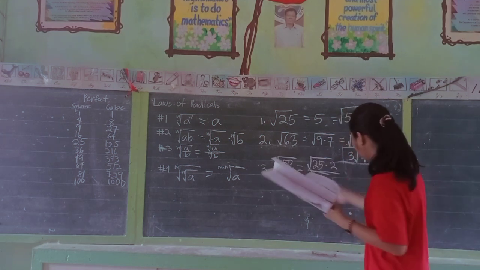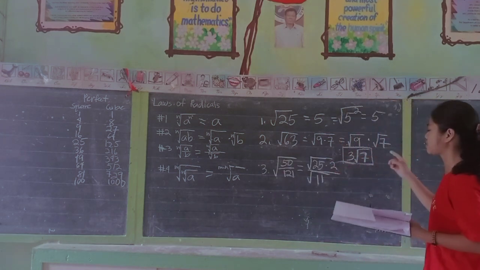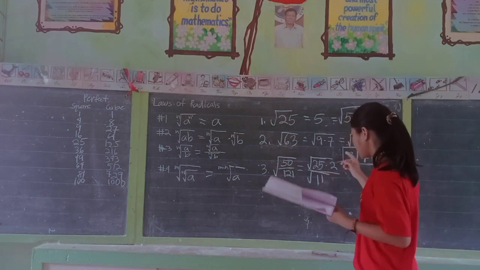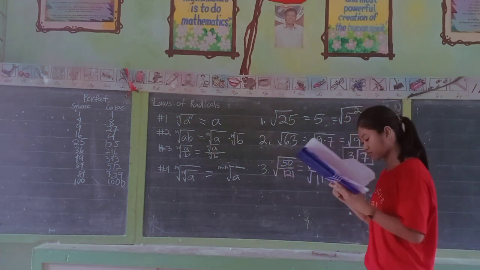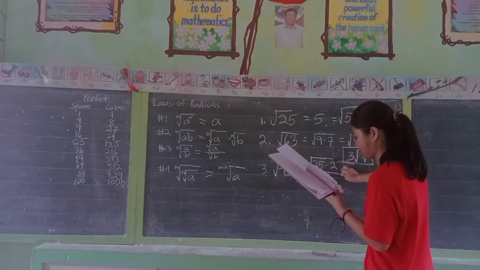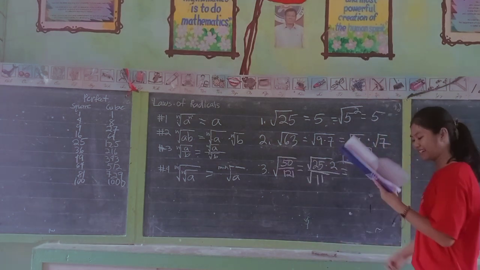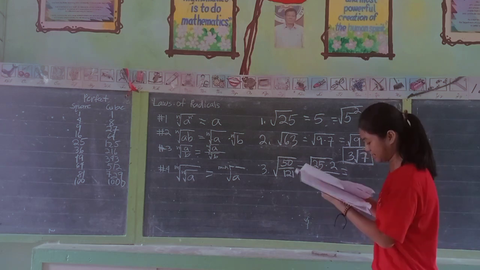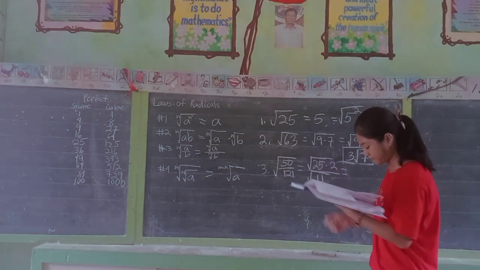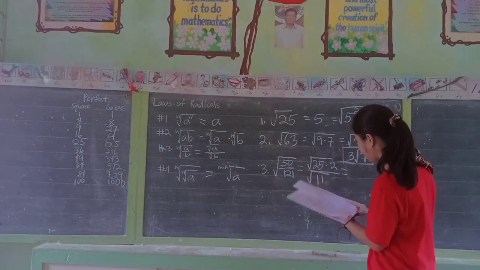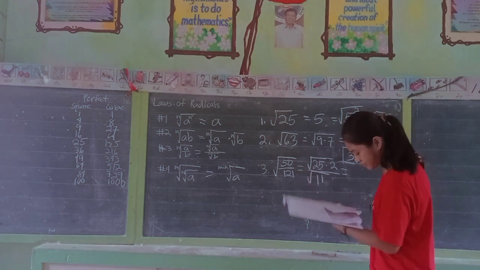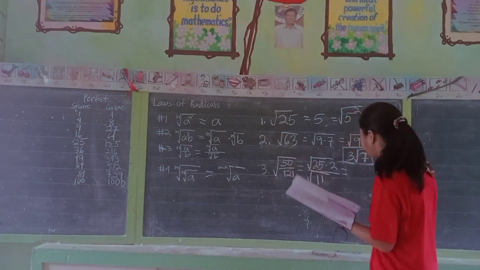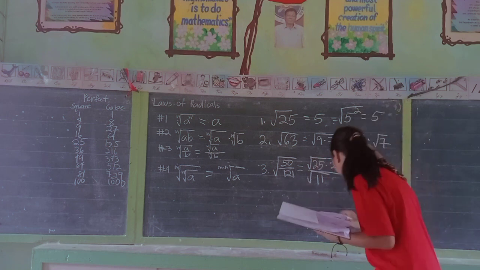So we have the square root of 25 times 2 over the square root of 121, which is 11. This is not done yet because 25 is still a perfect square. We need to simplify. So the square root of 25 is 5.